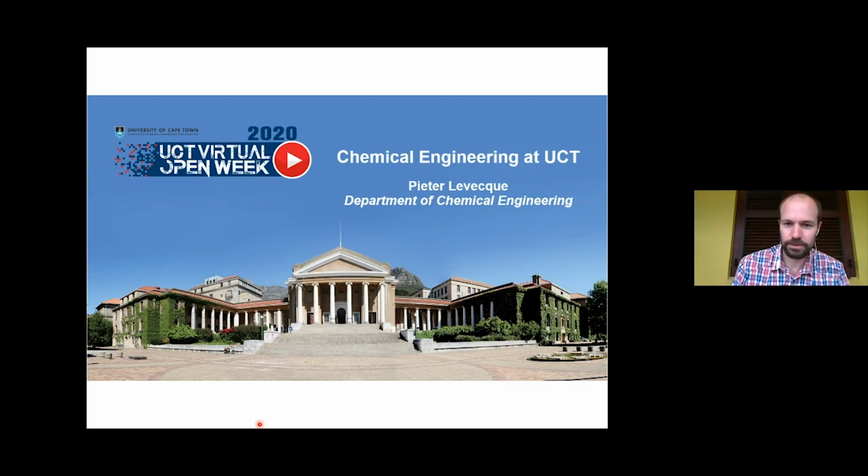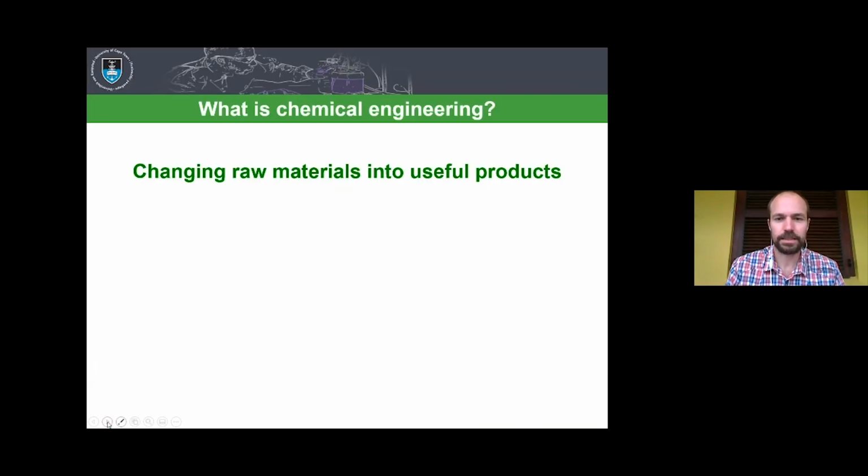And so for those who are not familiar yet with what it really is about or unsure, chemical engineering involves everything where we change raw materials into useful products. What that means is, if you can think of anything where you take a material from one form to another form, that involves chemical engineering.